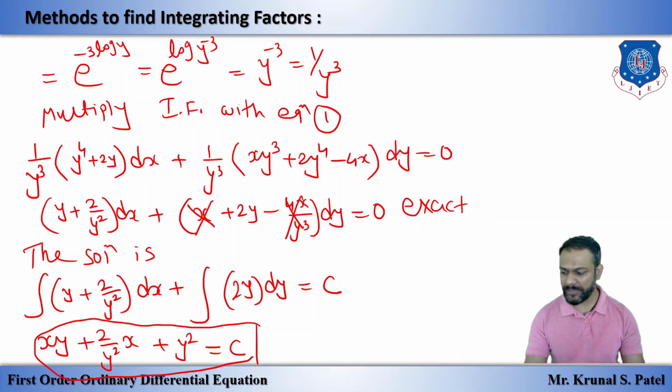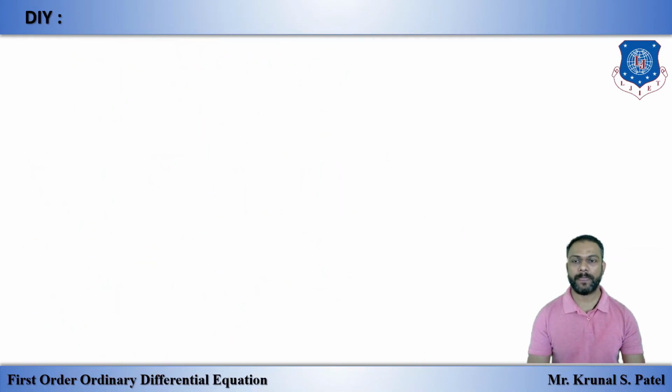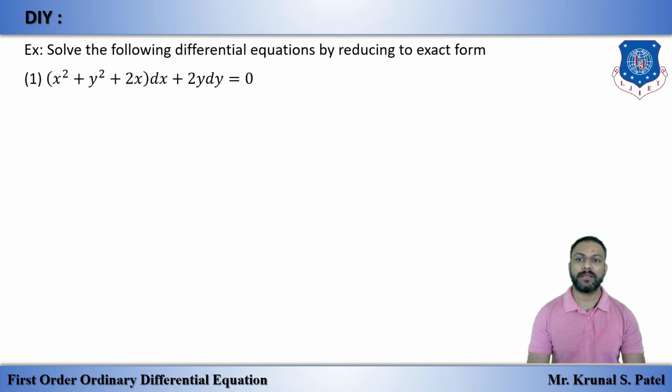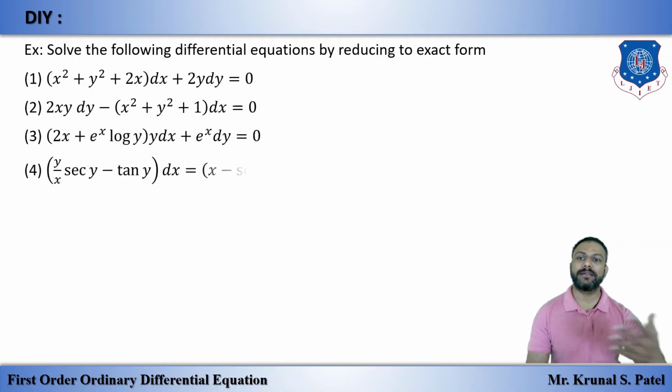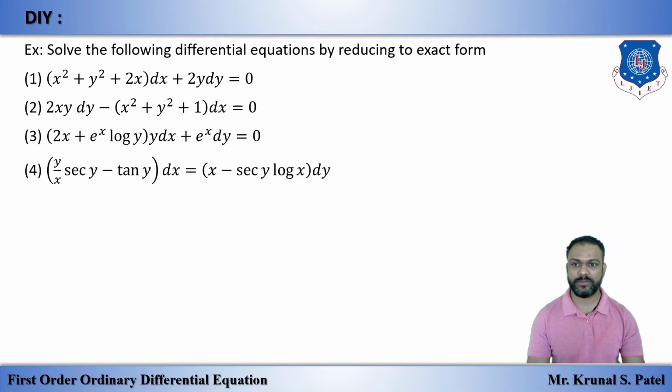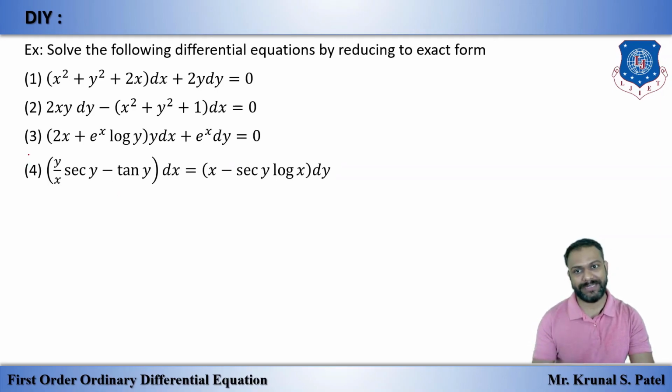Okay, now these are some examples for you that you can solve by yourself, and which will help you to understand next lectures. So these are your 4 examples, which are based on method number 3 and method number 4. Which example is of method number 3 and which is of method number 4, you will understand by solving the examples only.